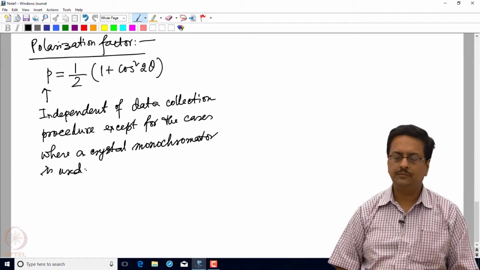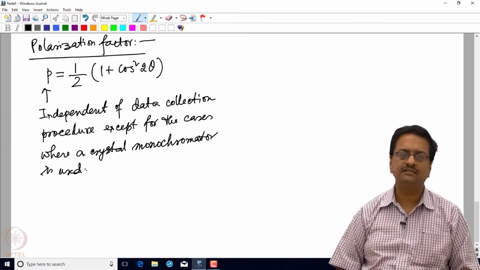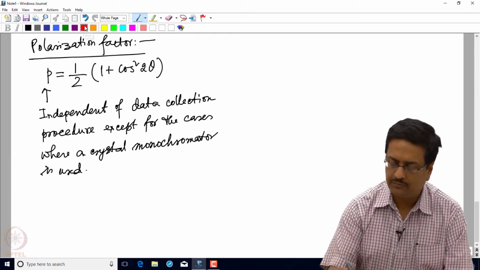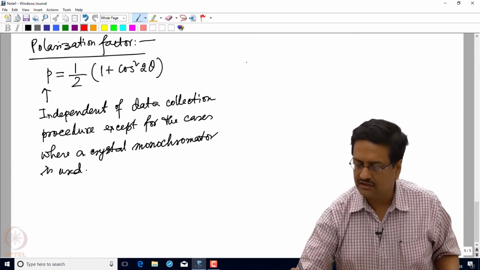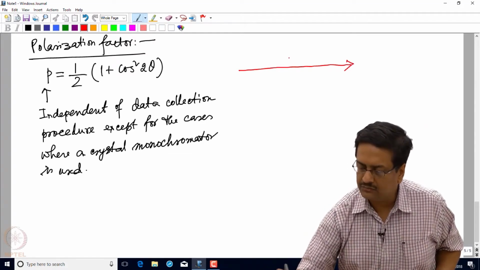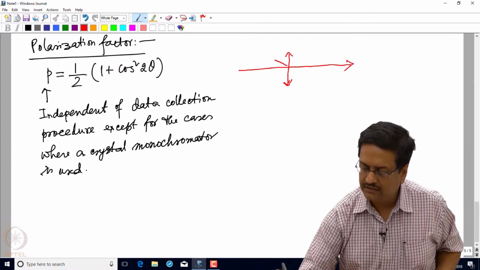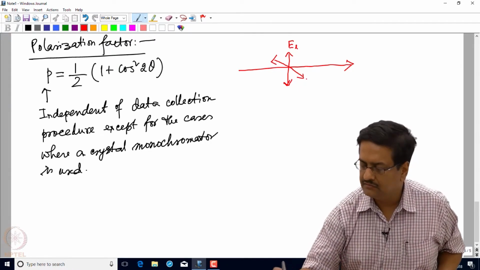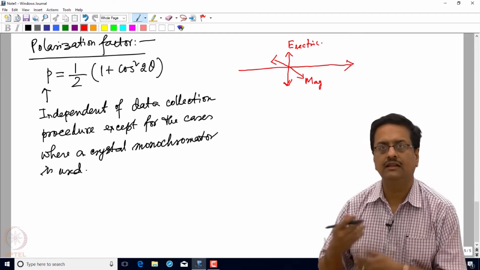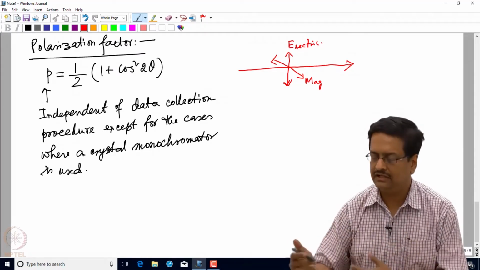This polarization factor P arises from the nature of the incident beam, the polarization of the incident beam. A general incident beam which is used for X-ray diffraction measurement is unpolarized in the sense that its electric vector and magnetic vector are perpendicular to each other and they are in all possible directions.